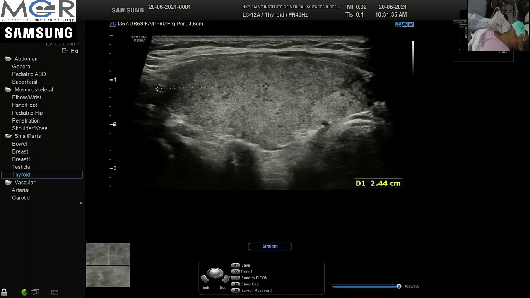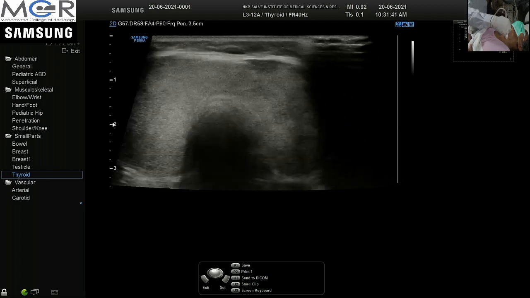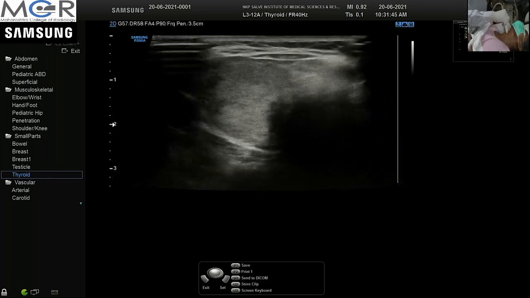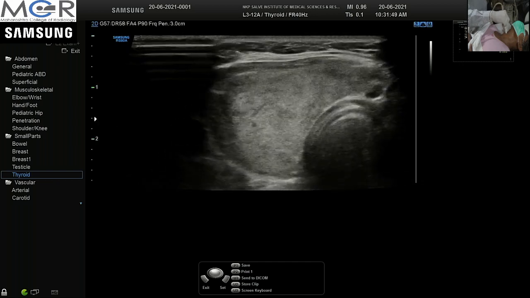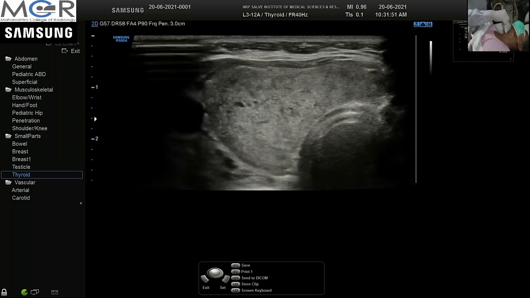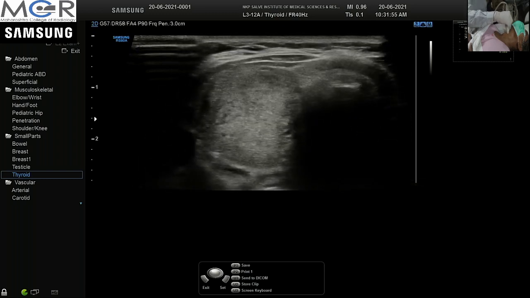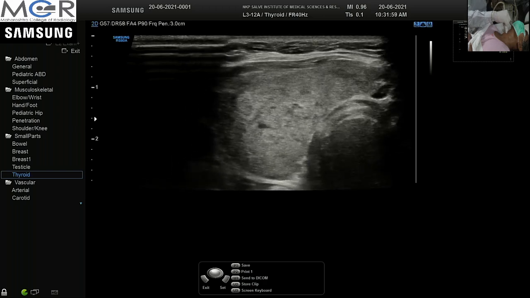It's from here to here, it is almost 5 centimeters. The isthmus enlargement shows the gland is enlarged, and if you see, the gland shows a uniformly heterogeneous echotexture. The echotexture is not normal. We know the thyroid shows homogeneous echotexture, but here it is heterogeneous.